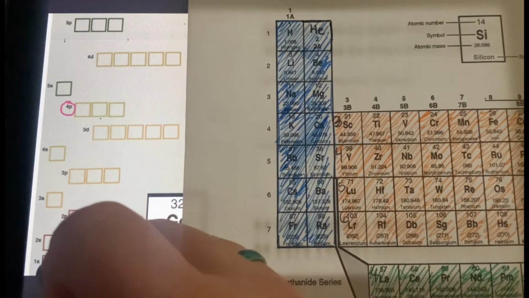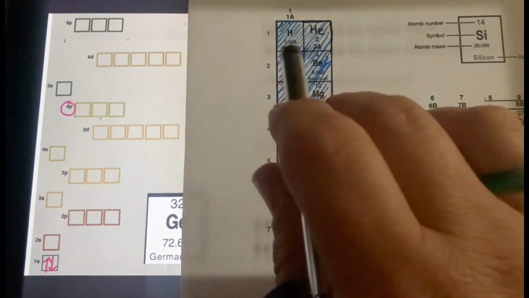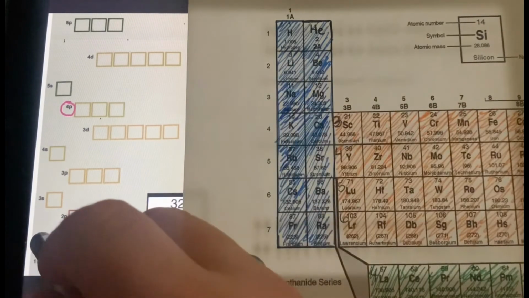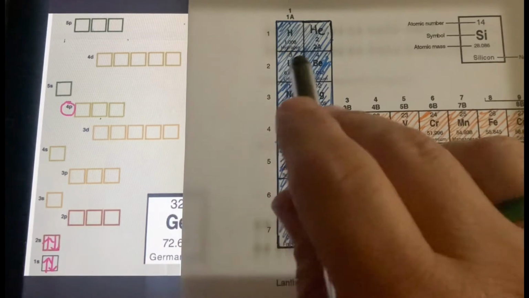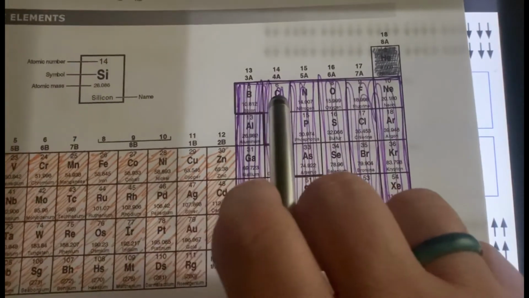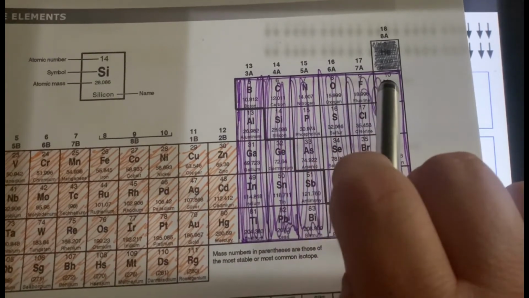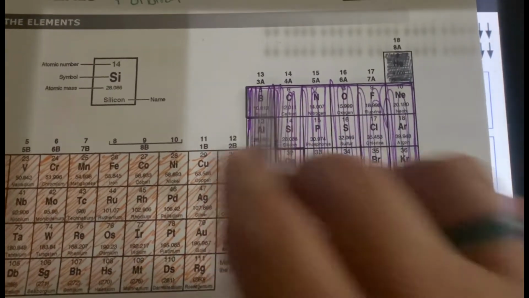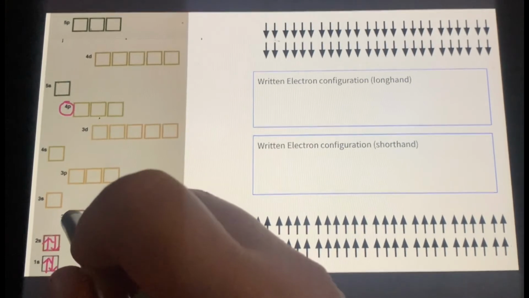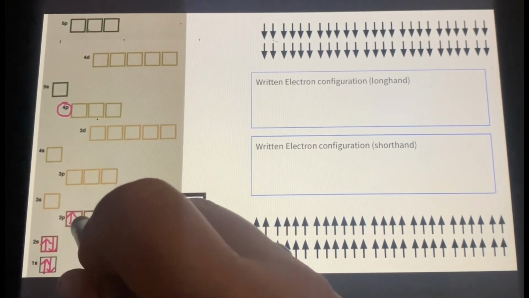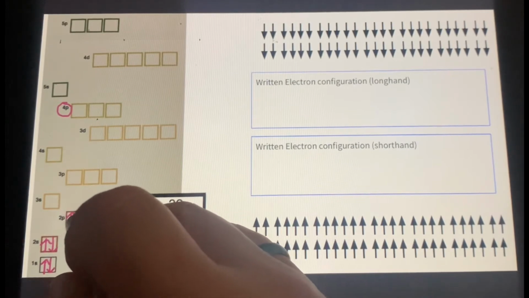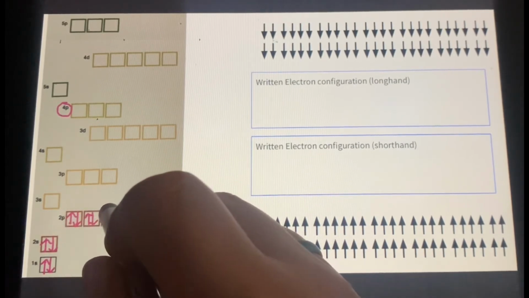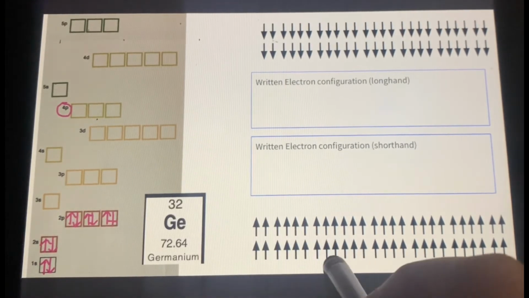So up and down. Row 2, lithium, beryllium. Up, down. Then I'm going to have to go through 1, 2, 3, 4, 5, and 6 on row 2, P block. So up, up, up, back to the front, double, double, double.